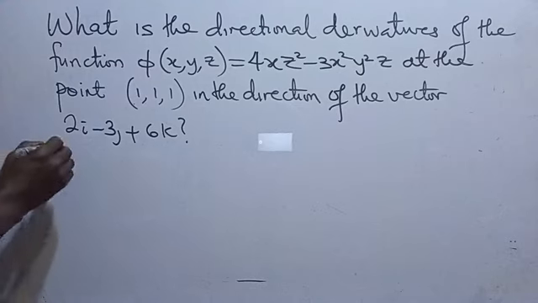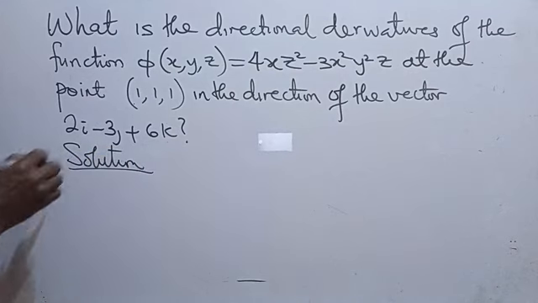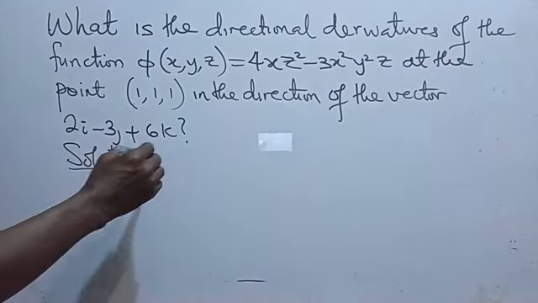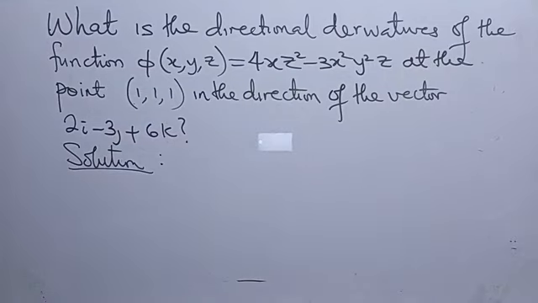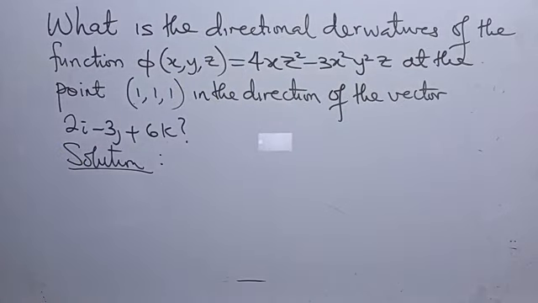Now, how do we start this? First of all, it will be very important for us to understand what the question is talking about. We are asked to find the directional derivative, and that has a formula.